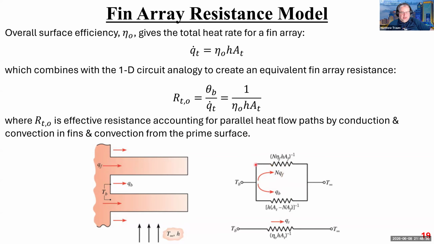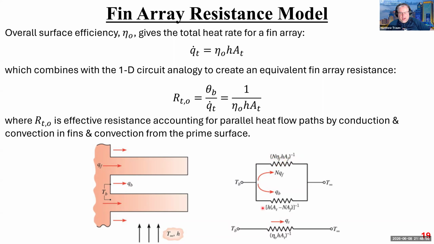That's this resistance. So here's the temperature of the base. Here is the heat transfer resistance that's presented by all of the fins, right? So N times the fin resistance, h times A_F.